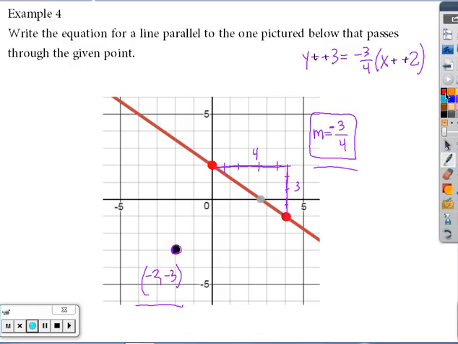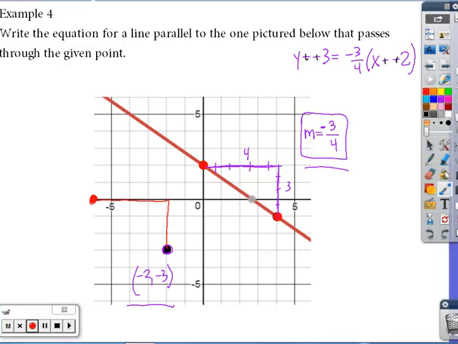Now if I want to use the graph to do this, I could just take my point here and execute the same slope: up 3 and right 4, and get another dot. Then I would draw my line with a ruler through these two points, and then I would write the equation of that line.